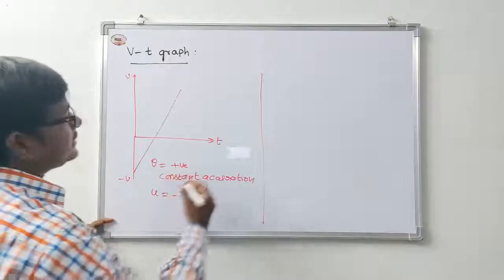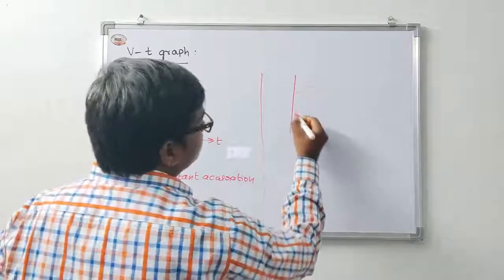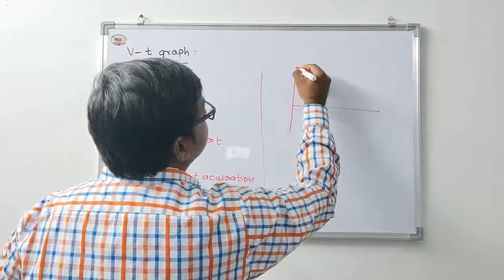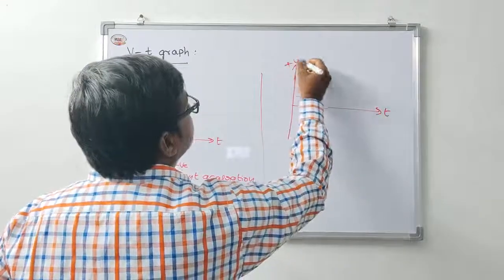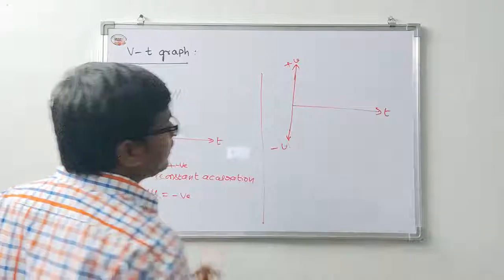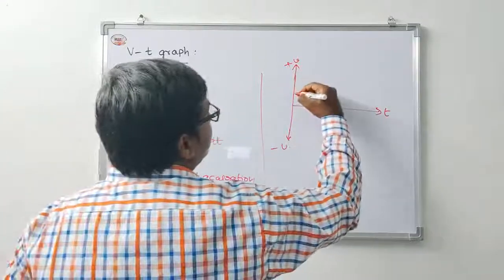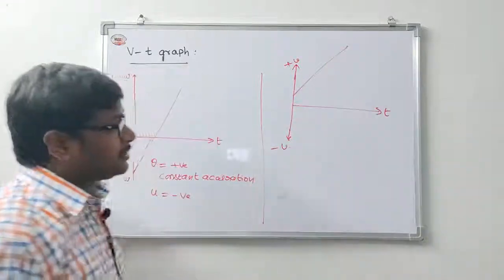The next case: time, positive v, negative v. The particle is moving along a straight line path.